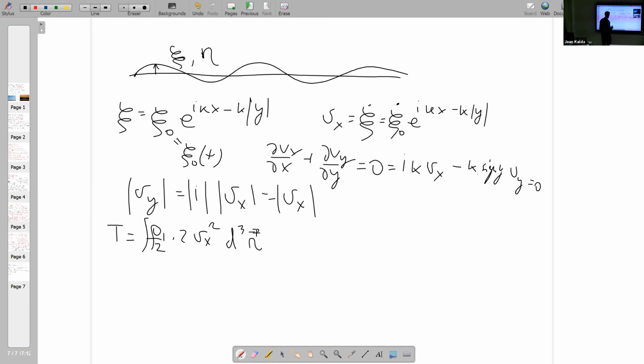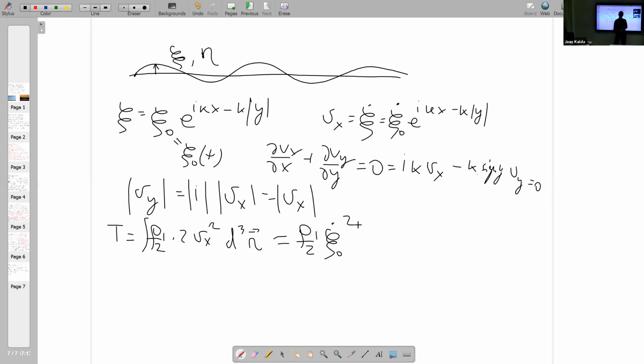And then this thing now becomes ρ1/2 psi naught dot squared. And then we have an integral both in x and y direction.